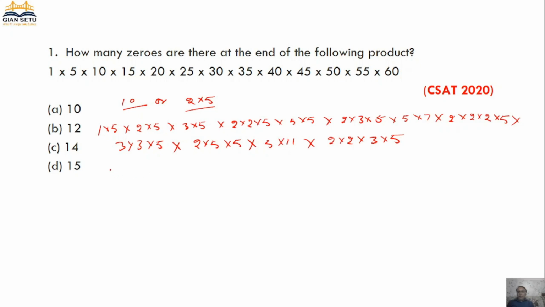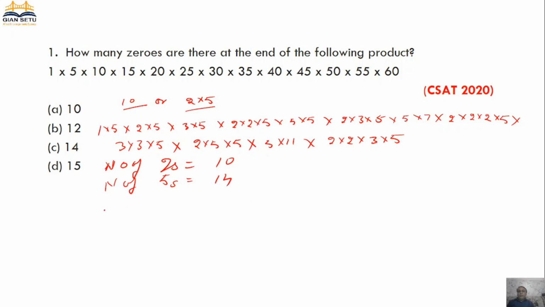Number of 2's is equal to 10 and number of 5's is equal to 14.